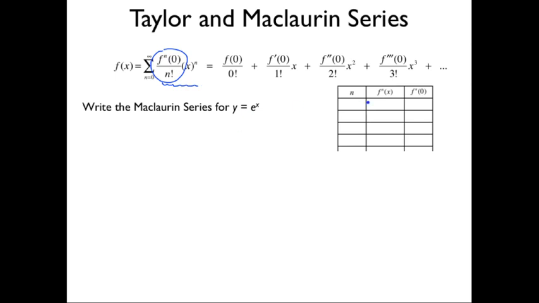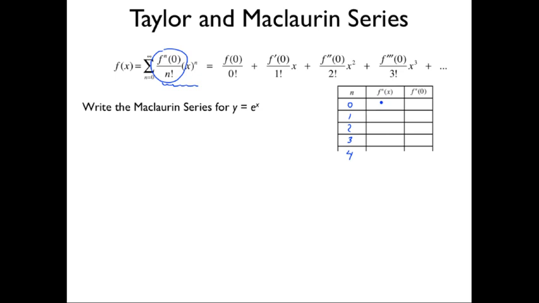We're going to start with n equals 0, then n equals 1, 2, 3, etc. So I'll go down to 4. All we need is enough to see the pattern of what those coefficients are doing, and then write a formula for this coefficient right here.